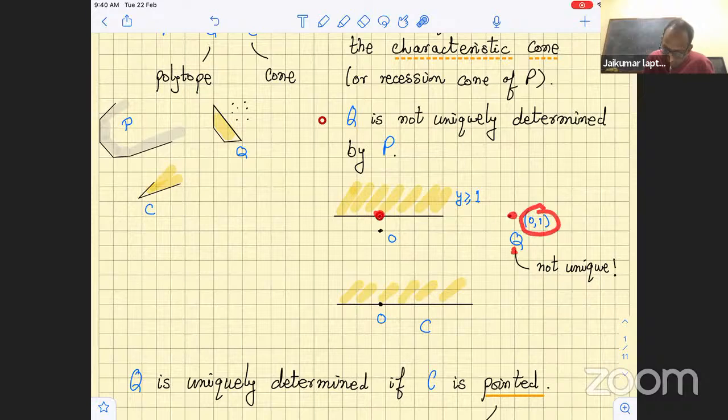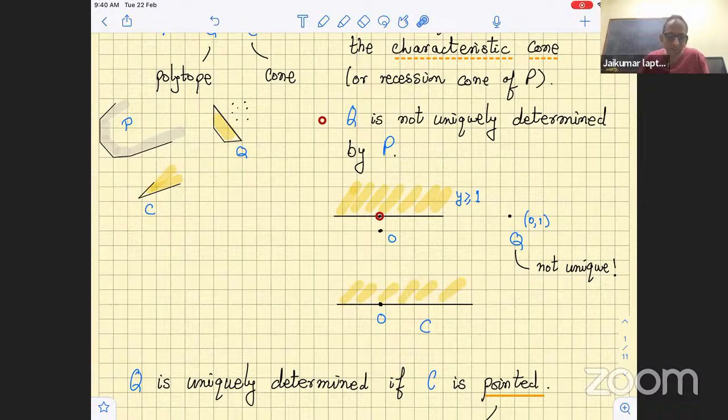This point (0,1) can be thought of as our Q in this case, and the cone is this C, which is the upper half plane. But you immediately notice that actually there was nothing special about this point. We could have taken this point also, or this point. Any point on this line, and each of them is a legitimate Q for the same cone. I hope that's clear.